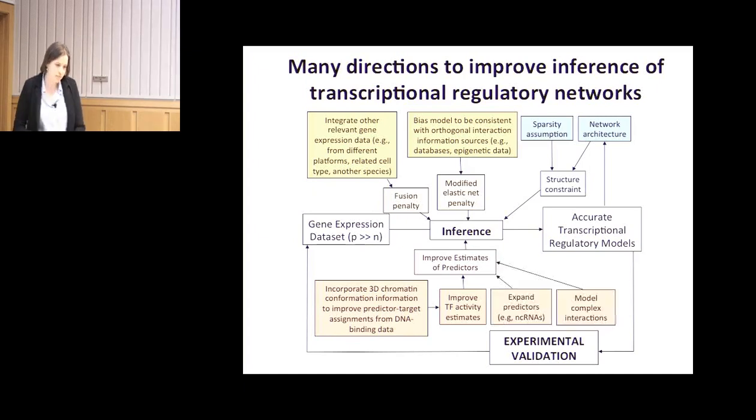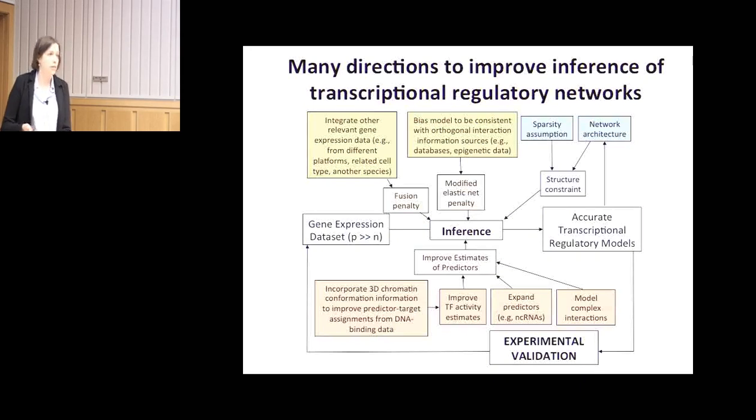And then other ideas: we're limited here to protein transcription factors, but it would be very cool to consider non-coding RNAs, and also maybe to explicitly model complex interactions. So there are a lot of different ways that these networks could be improved.